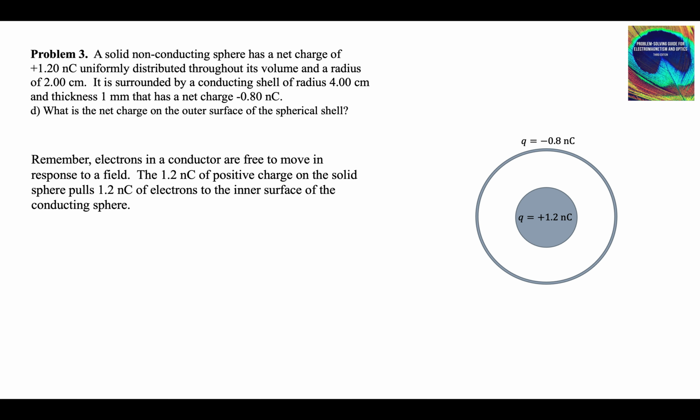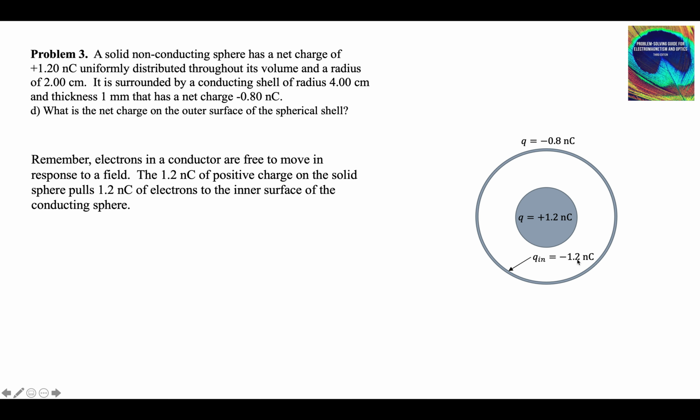These electrons will get pulled in. There's positive 1.2 nanocoulombs here. The electrons on this conducting spherical shell, 1.2 nanocoulombs of them, will get pulled to the inner surface. So there has to be minus 1.2 nanocoulombs of charge on the inner surface.